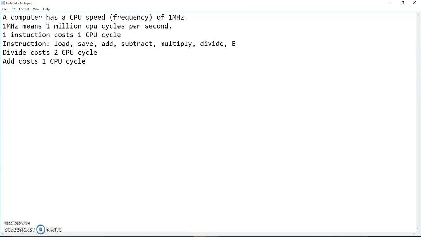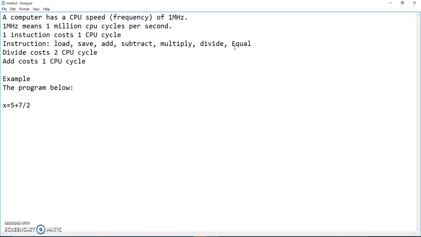Equal is an operator. For example, the program below, let's say I want to say 5 plus 7 divided by 2, and assign that to be x, something like that. That's an example of a program.